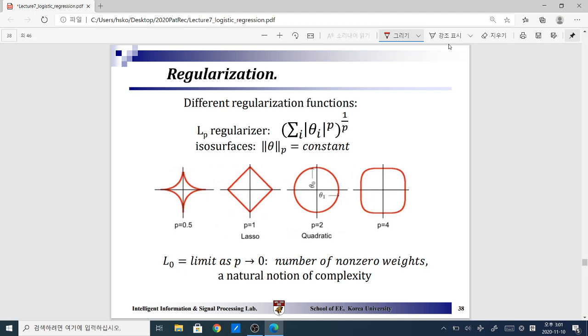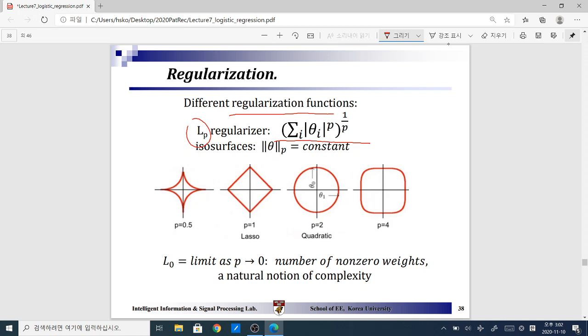Now, you can have different types of regularization functions. We call that the LP regularizer, which is denoted by this equation.